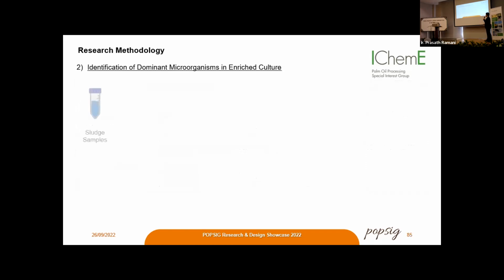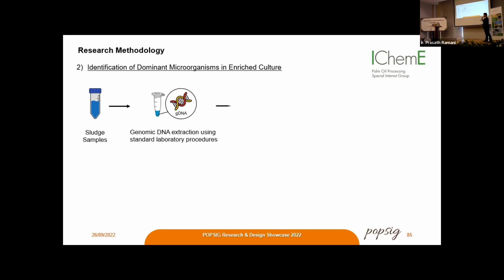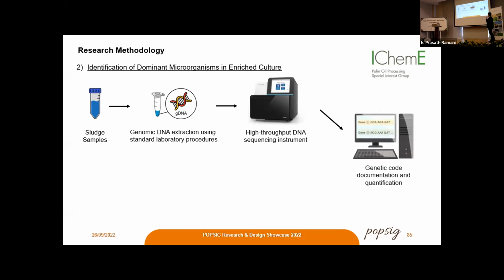The second objective is achieved by taking the sludge samples from the accumulation reactor and sending it for genomic DNA extraction using standard lab procedures. Pure DNA samples are then sequenced through high-throughput DNA sequencing instruments such as Illumina, followed by genetic code documentation and quantification.